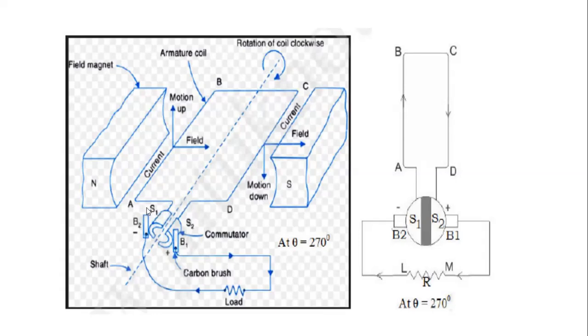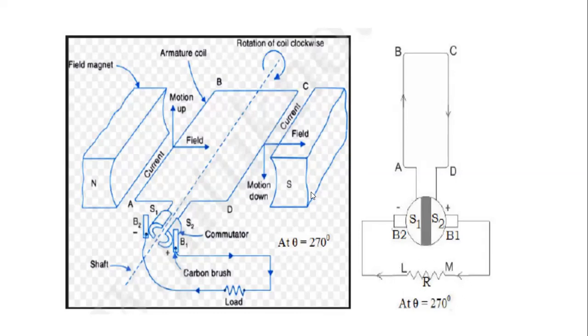S1 is connected to AB and S2 is connected to CD. Both the segments and the AB and CD directions are changed. That's why there is no change in the current flow for the R load.